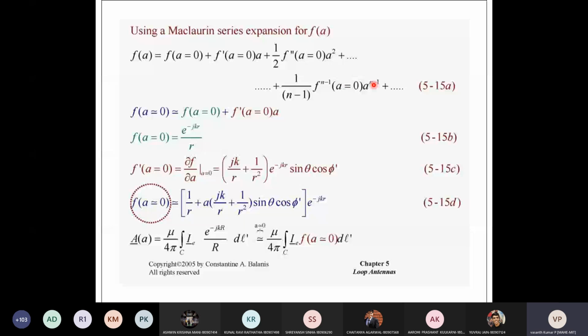We are going to ignore higher order terms. Beyond f dash a, we are going to ignore f double dash a and the higher order derivatives. So f of a is nearly equal to this, for small a.